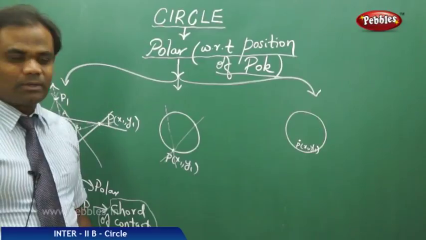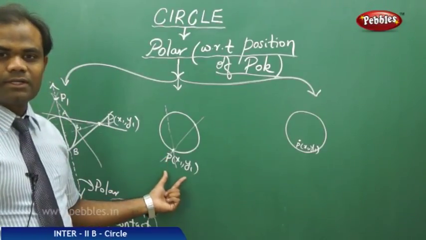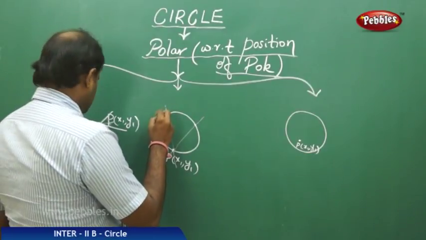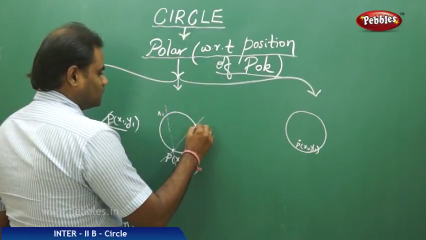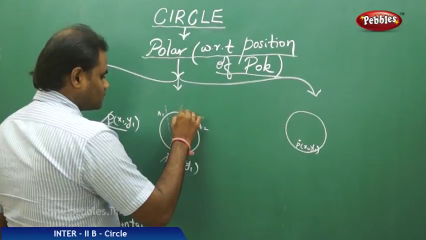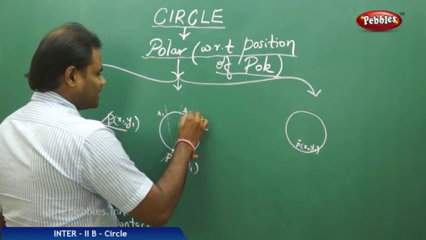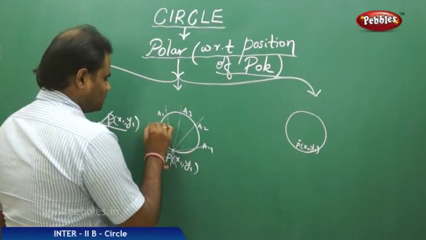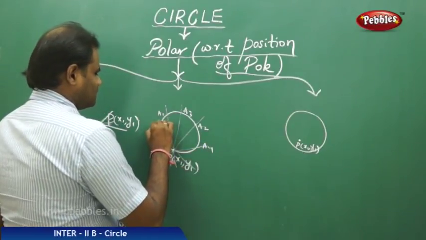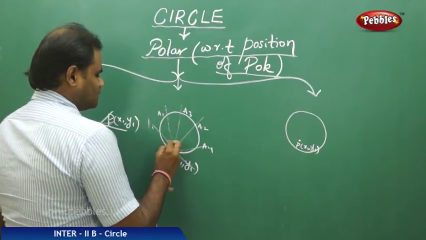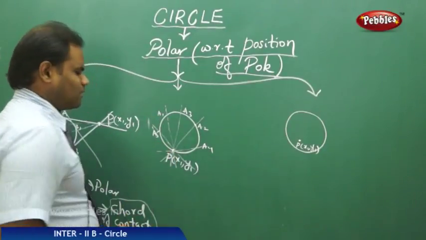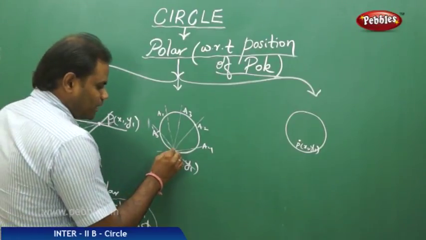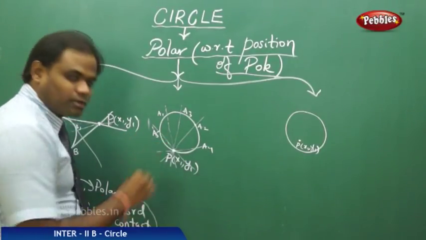Obviously, one of the common points would be P because it is a point on the circle. Then the rest of the points are A1, A2, A3, A4, and A5, etc.